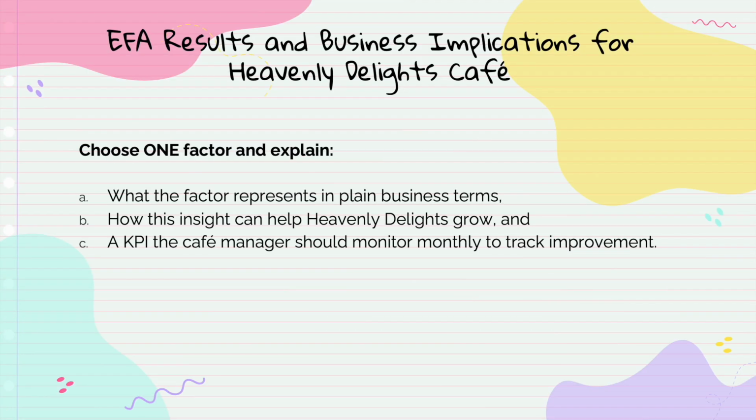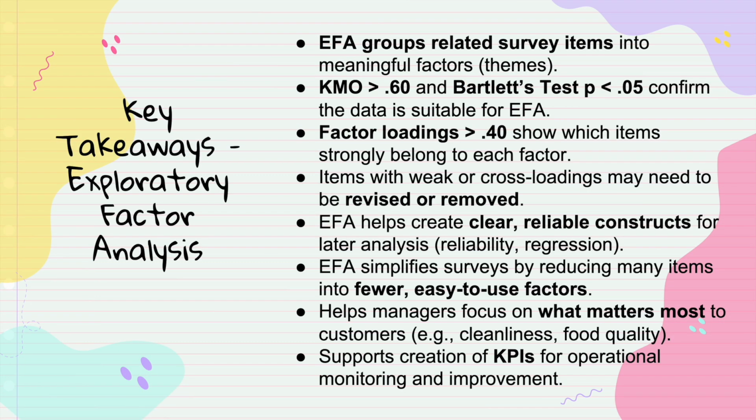You may discuss this with a friend or your group members and compare your answers. The model answers are provided in your extra class materials for reference. The key takeaways for EFA include: EFA reduces complexity, strengthens measurement, and gives managers clear themes to work with.